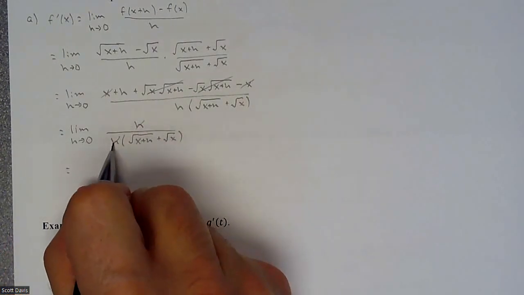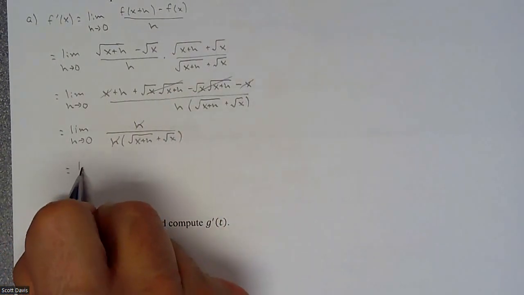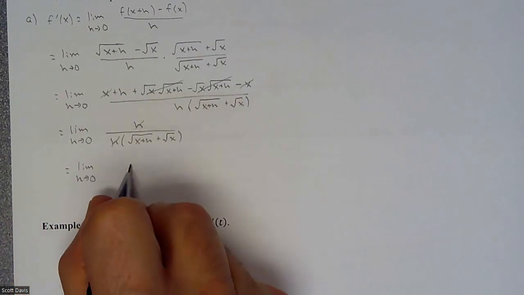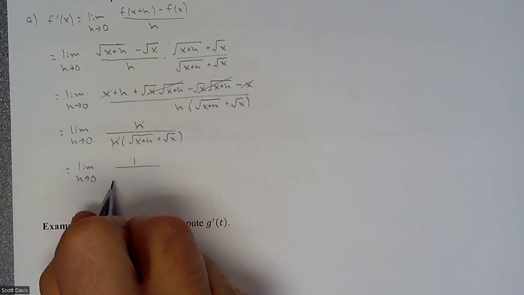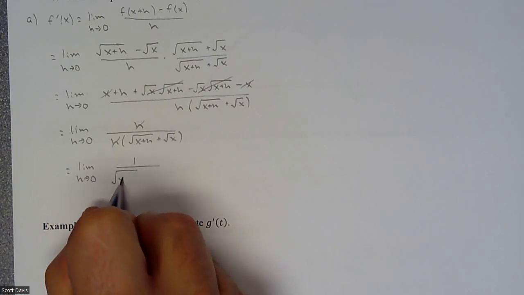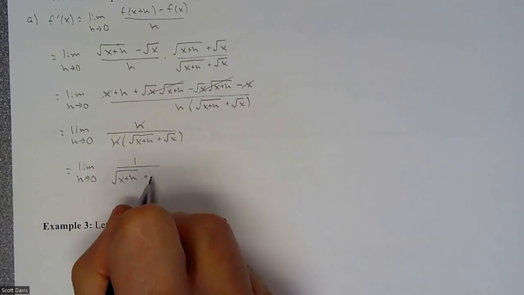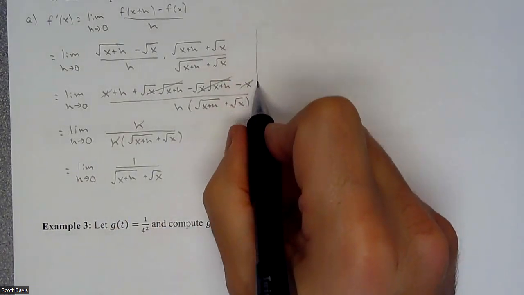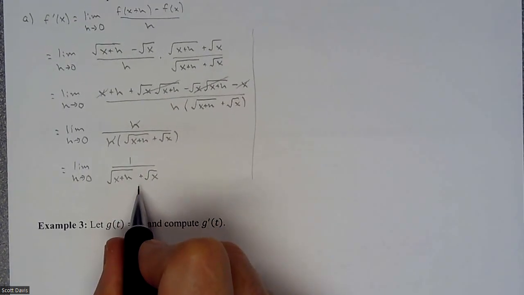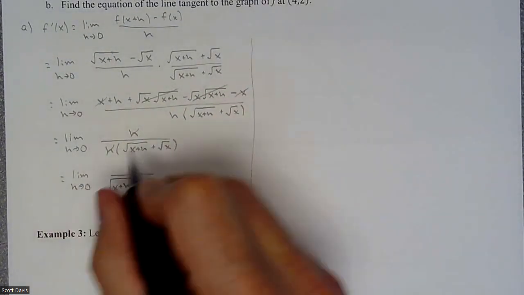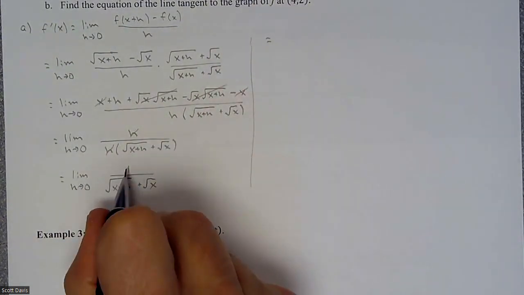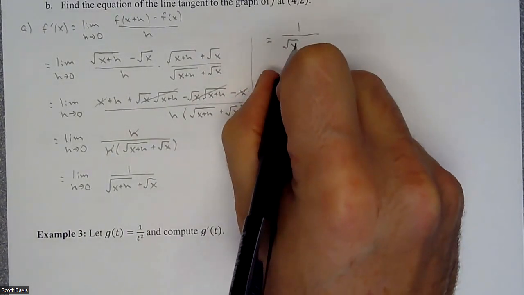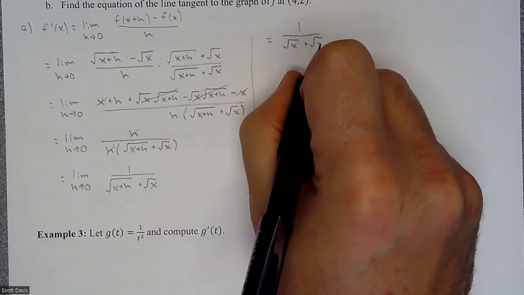Perfect, because that was our 0 over 0, which now leaves us with the limit as h goes to 0 of 1 over whatever's left on the bottom, square root of x plus h plus square root of x. And we're ready to plug in. So we're going to now plug in 0 into this. So we can drop the limit because we're plugging in our 0, and we have 1 over the square root of x plus the square root of x.